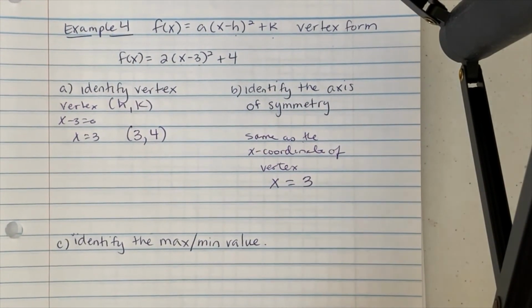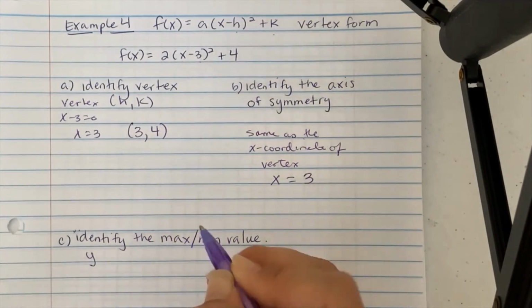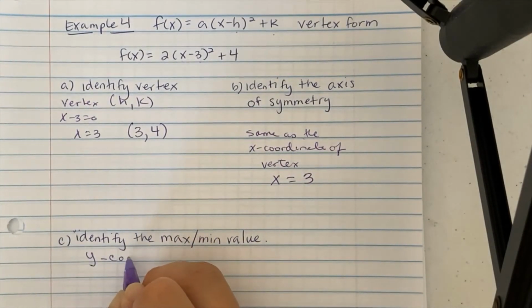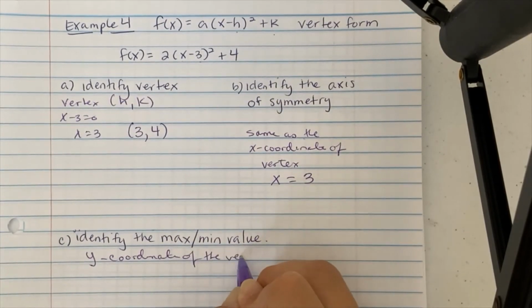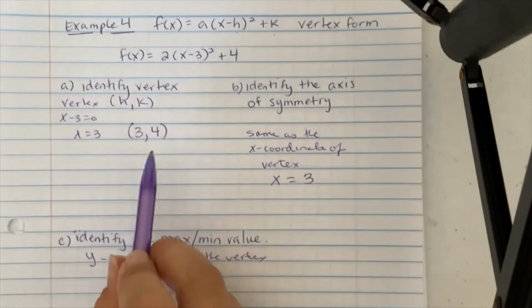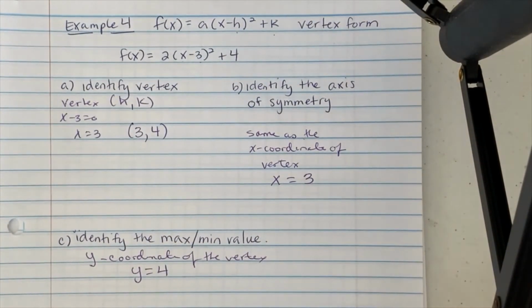Then it asks us to identify the max or minimum value. The max or minimum value is known as the y coordinate of the vertex. So since our y coordinate is 4, our value is 4.